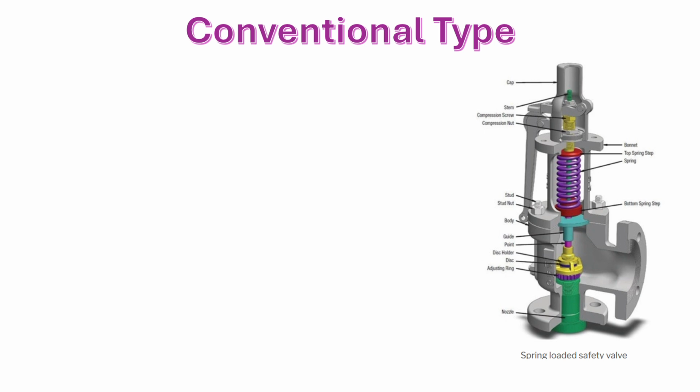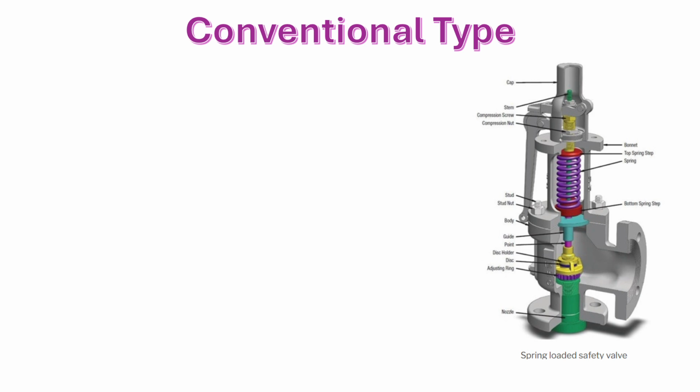The spring stress is applied by tightening the screw, which is equivalent to the set point of the safety valve, sometimes called the set pressure.